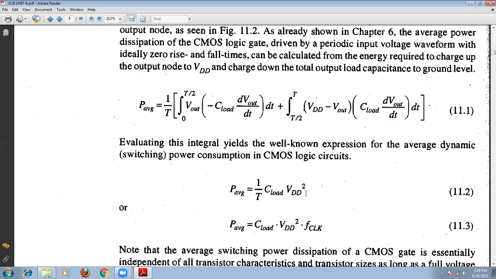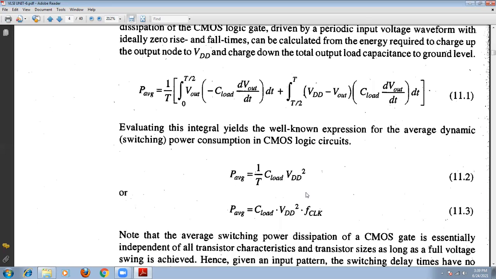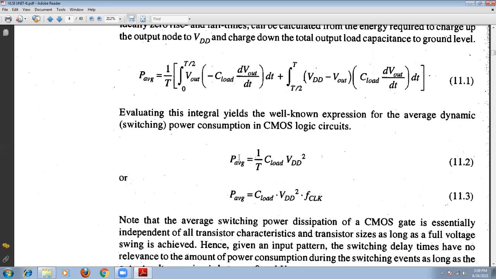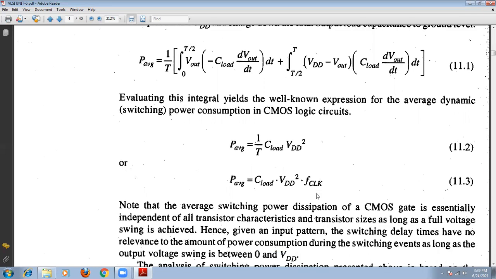Now, 1 by T is nothing but the clock frequency, so we replace 1 by T with the clock frequency f clock. So the average power is equal to C load into the square of VDD into f clock.